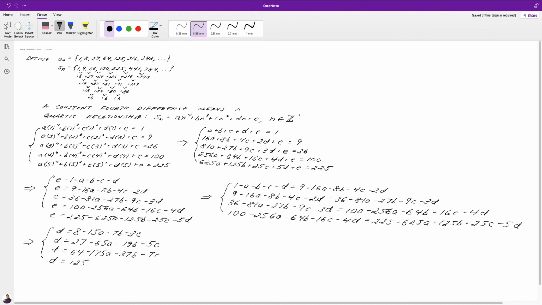That's going to give us negative 369A. Definitely going to want to check this before moving on here. Adding 64B to both sides is going to give us negative 61B. And then adding 16C to both sides, that's going to give us negative 9C.